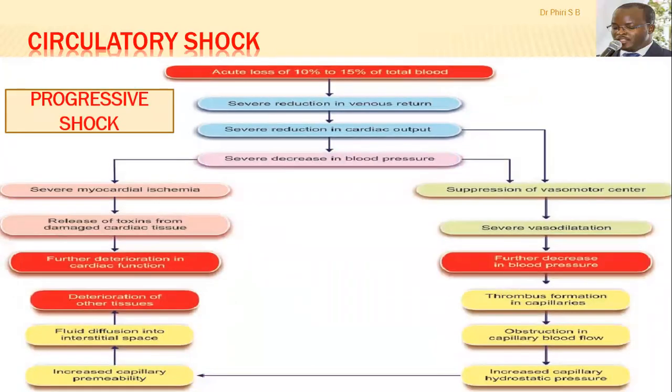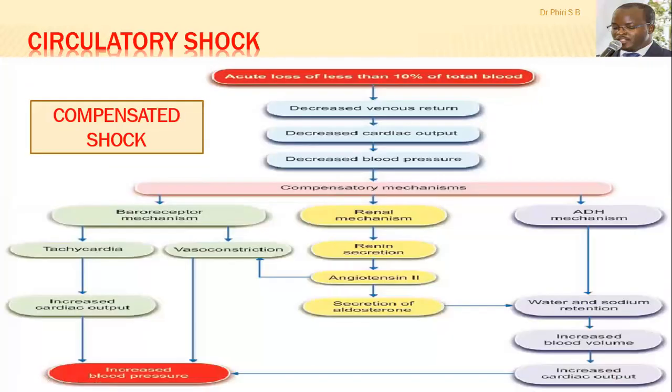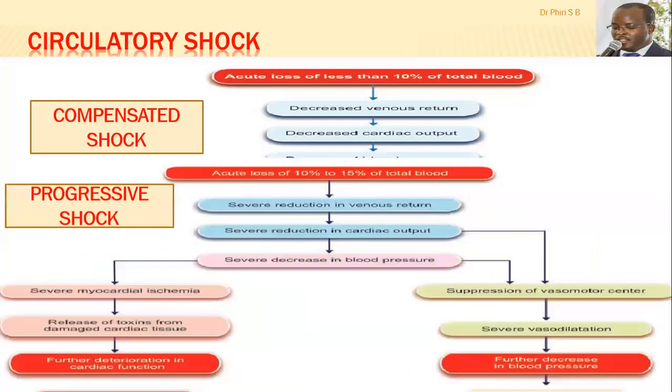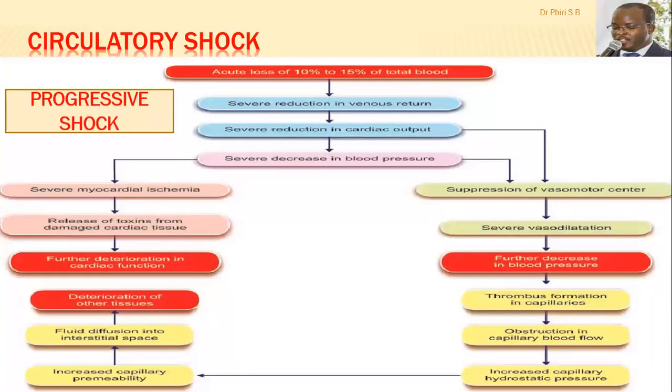Then if these compensatory mechanisms are not enough, this shock is going to proceed to progressive shock. The progressive shock is due to an acute loss of 10 to 15% of total blood volume.